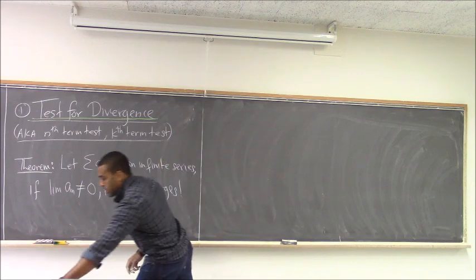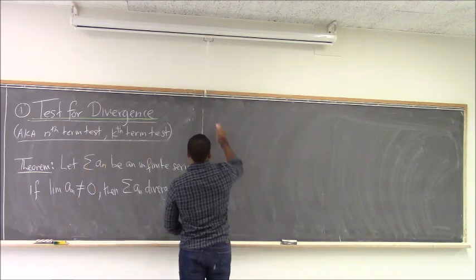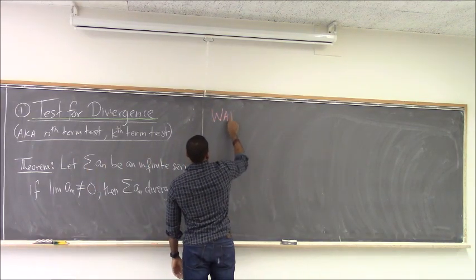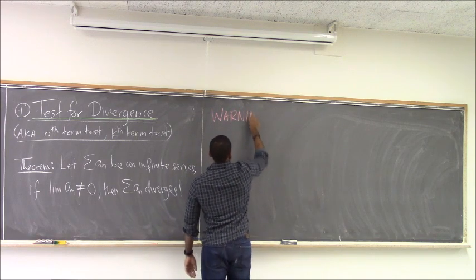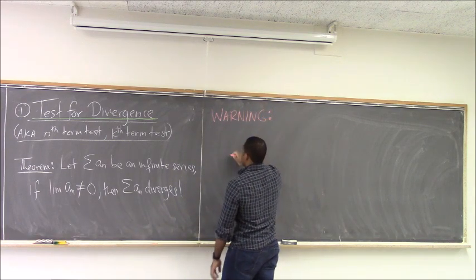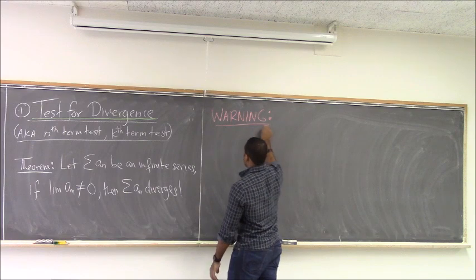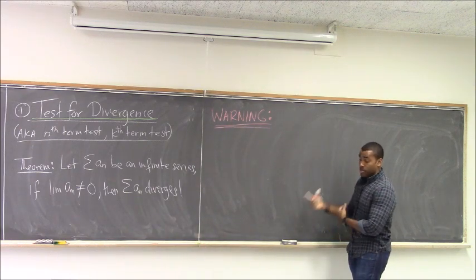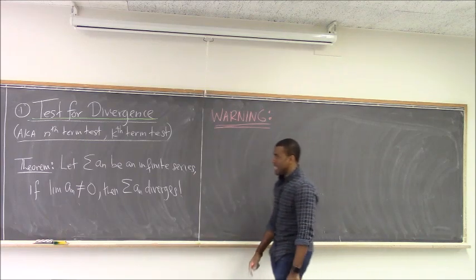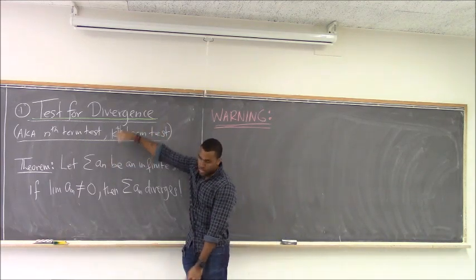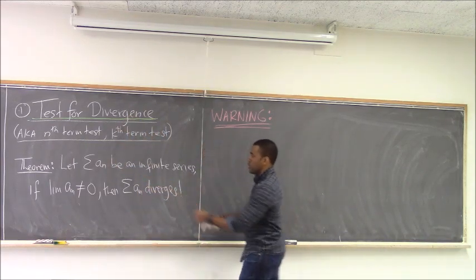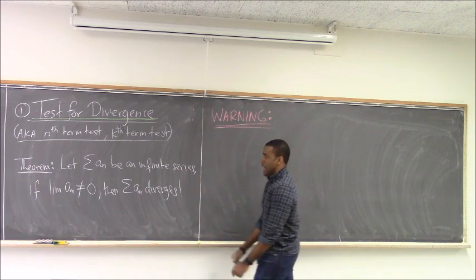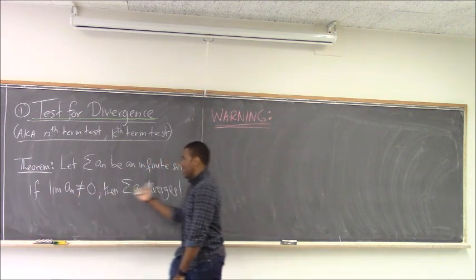So at this point, it's very important that I show a warning here. Again, reading mathematical statements, it's very important that you read them exactly. Notice that I did not put an if and only if. I did not do a double arrow or something like that. I made the statement in one direction.